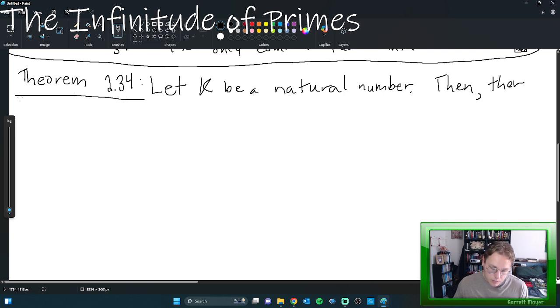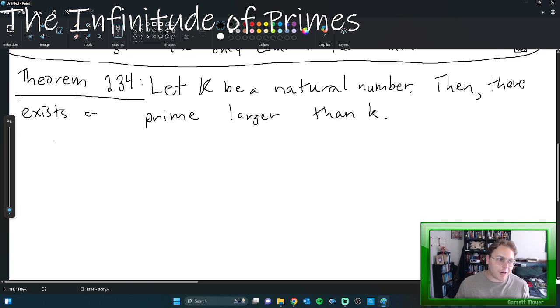Then there exists a prime larger than k. And this is essentially just a proof that there are infinitely many prime numbers, but the book actually writes this out as a separate theorem that we use in our proof of there being infinitely many primes.